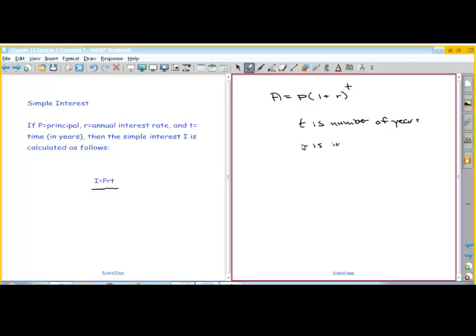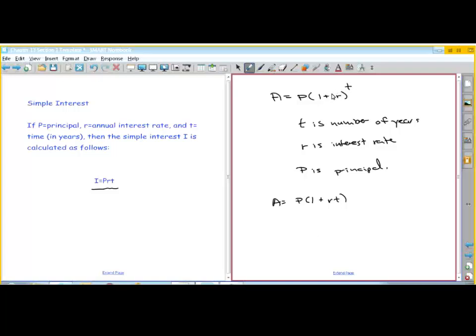And r is the interest rate, and p is the principal, which is the original amount you put in. For simple interest, the amount would be equal to P times 1 plus RT.